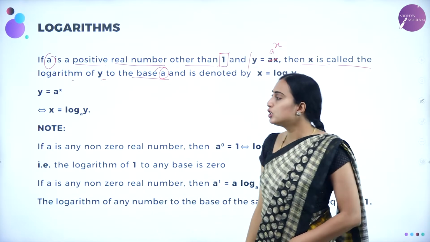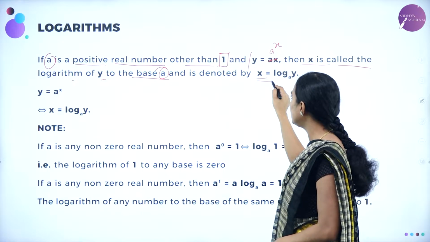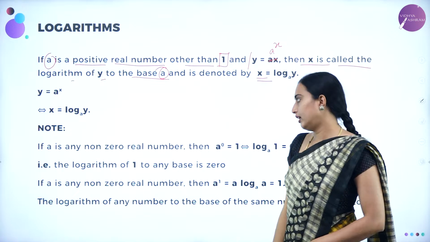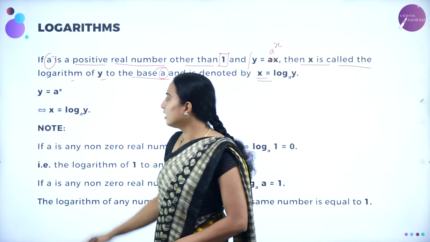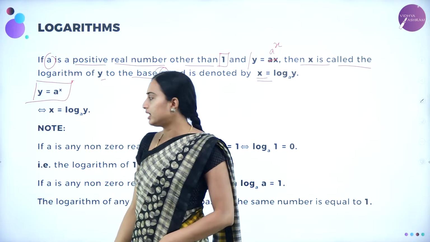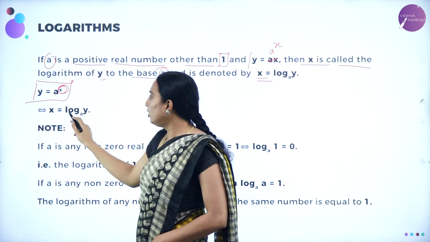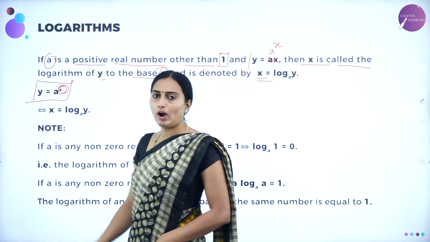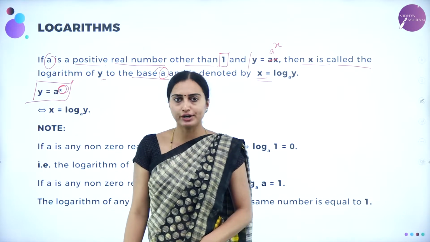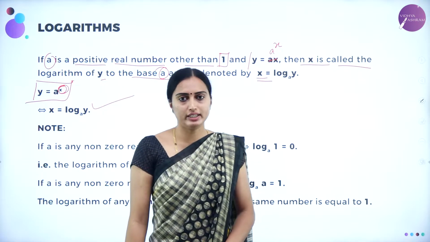We write it like this: if y is equal to a power x, then x is equal to log to the base a of y, or log y to the base a. Understood? This is called the definition of logarithm.